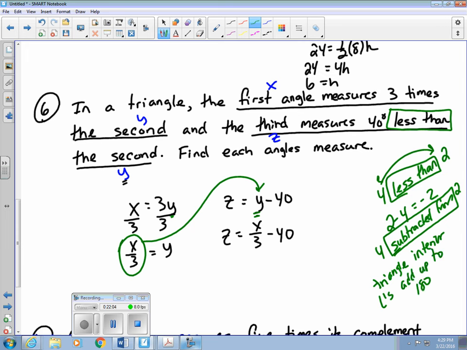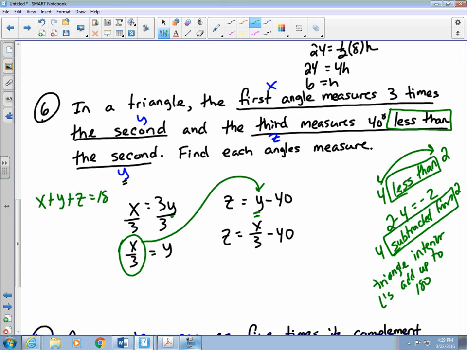So all three interior angles of a triangle add up to 180 degrees. So x plus y plus z is 180. And of course you say, well, how does that help? That equation has three variables, so that's not really going to work. Well, it's going to work as long as they all are going to be the same.